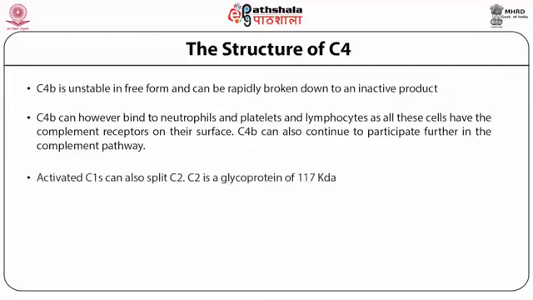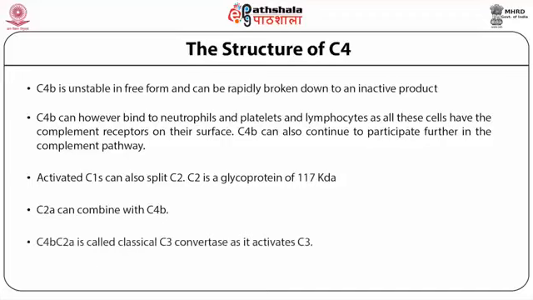Activated C1S can also split C2. C2 is a glycoprotein of 117 kilodalton. C2A can combine with C4B. C4B C2A is called the classical C3 convertase as it activates C3.